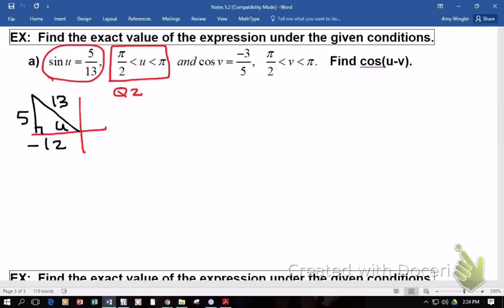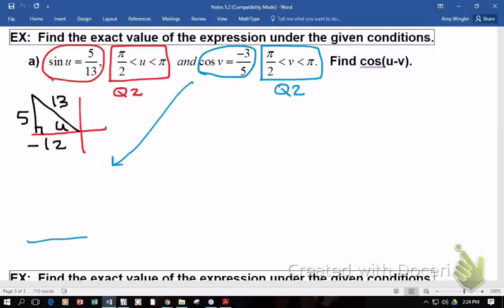We have to draw a second triangle on this problem because we're also given an angle that's V. So cosine of V, again, you're going to need to draw a triangle where the angle V is greater than pi over 2 and less than pi. So that's in quadrant 2 again. So I'm going to draw that triangle over here.